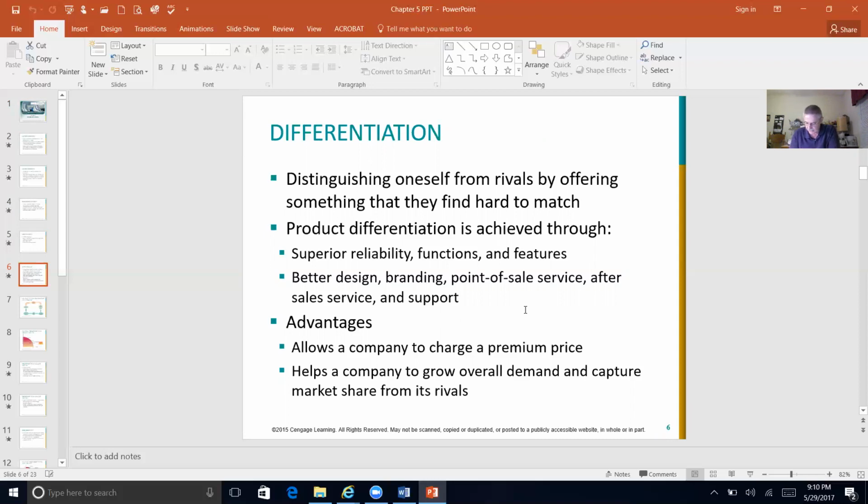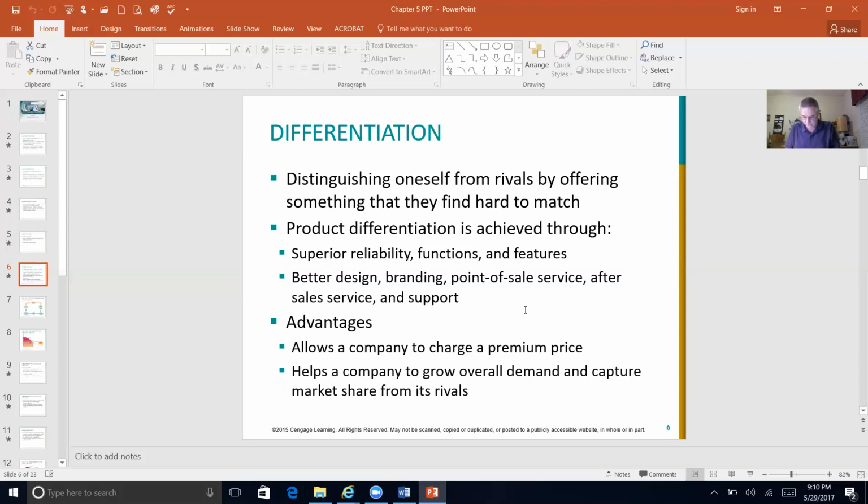There are many ways in which a company can differentiate itself from its rivals. It could be through superior reliability, better design, better functions, better features, better after-sales service and support. It could be a whole host of things that's really driving that differentiation.